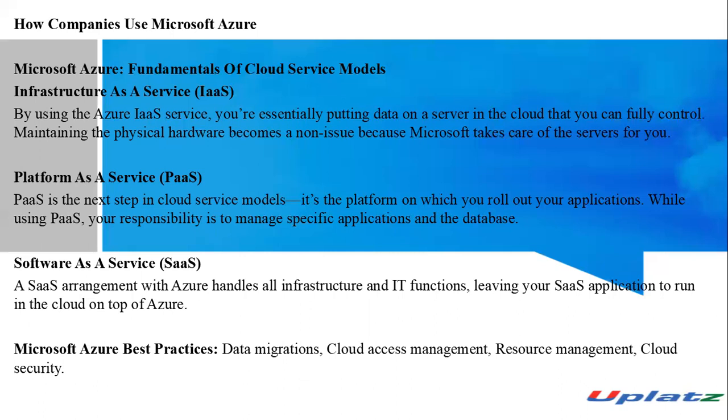For example, if your application relies on an older operating system that is not supported in Azure, a more complex level of development is required to make the transition from PaaS to SaaS successful.